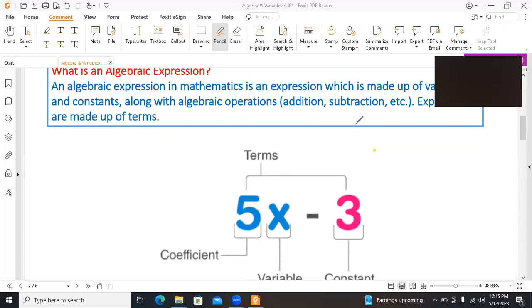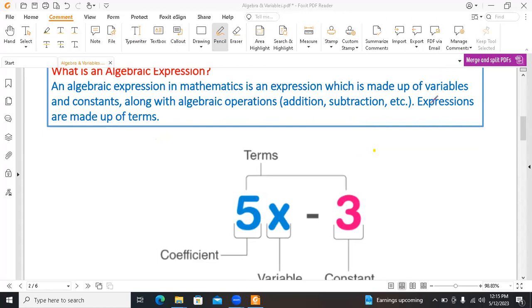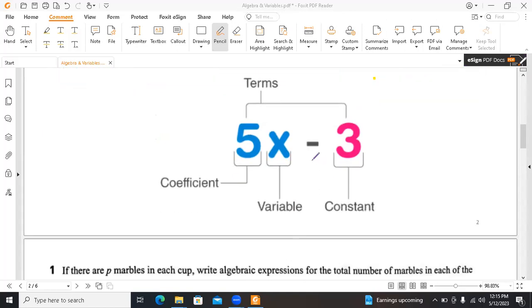So as I said, we can easily say that an algebraic expression is a combination of variables and constants with some operations like addition, subtraction, multiplication, and division. For example, 5x minus 3 is an algebraic expression where we have only two terms.